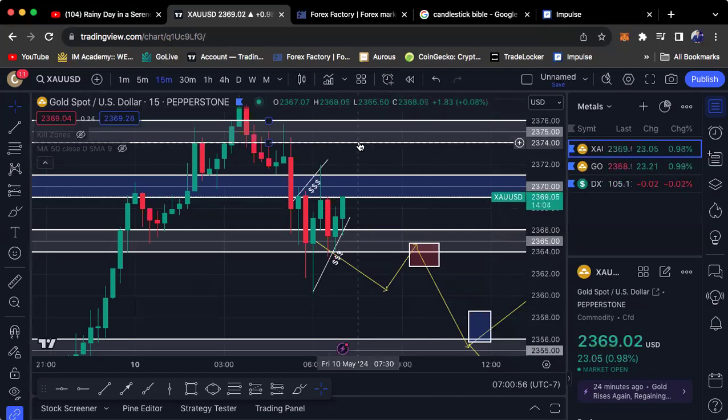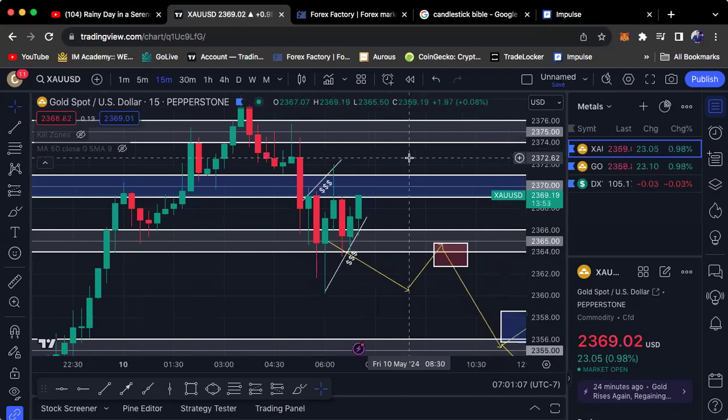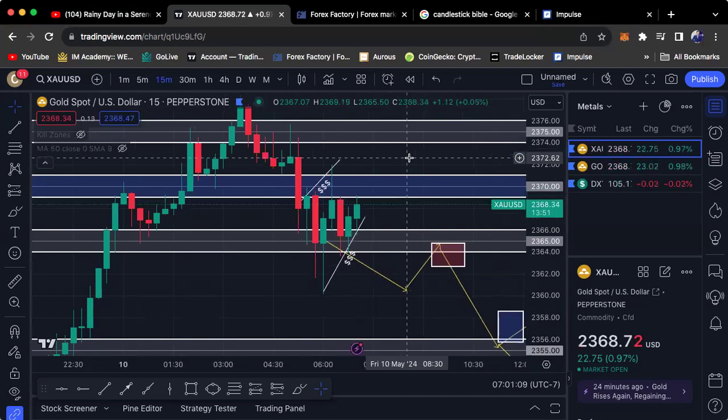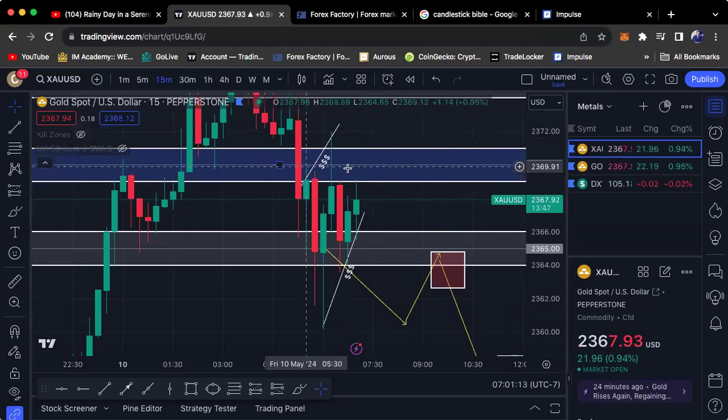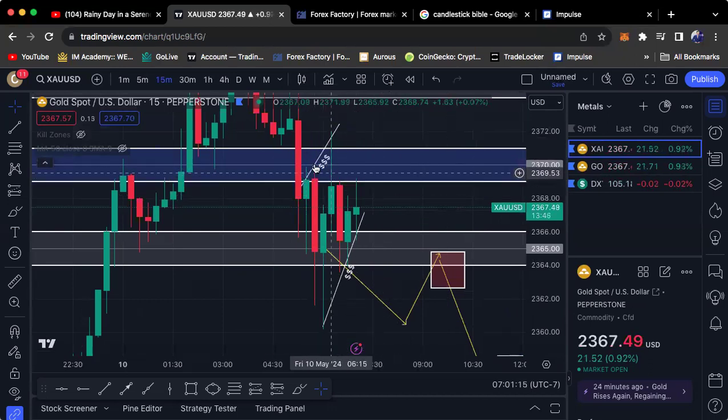Price is pushing up. And guys, this is a resistance zone here.